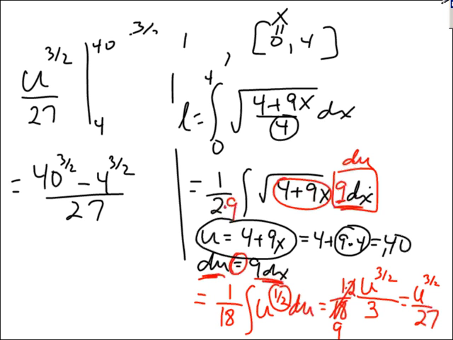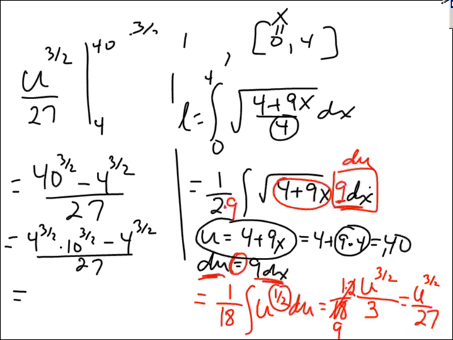This looks very similar to a problem that we just did, doesn't it? Okay. So 40 is 4 times 10. So 40 to the 3/2 is just what I wrote, minus 4 to the 3/2, over 27.